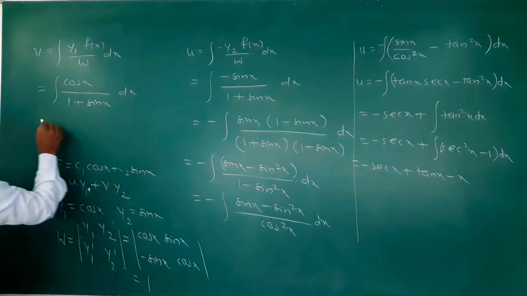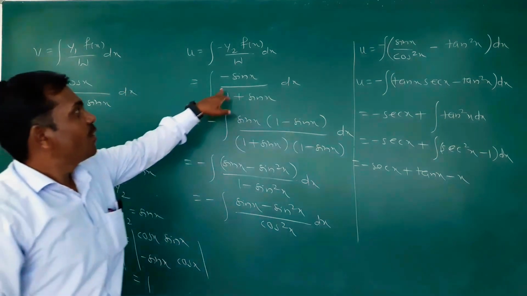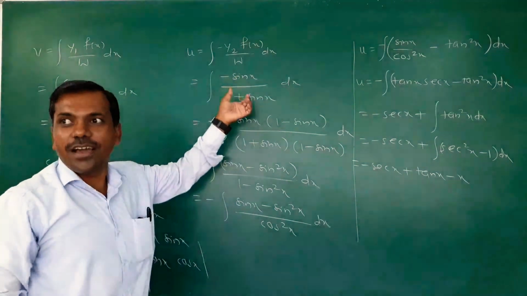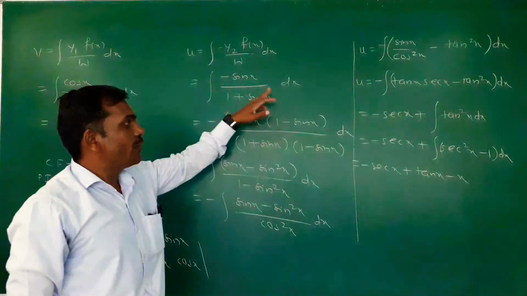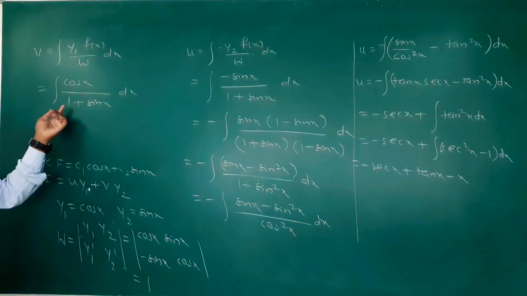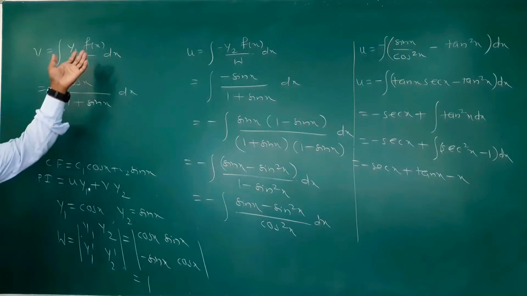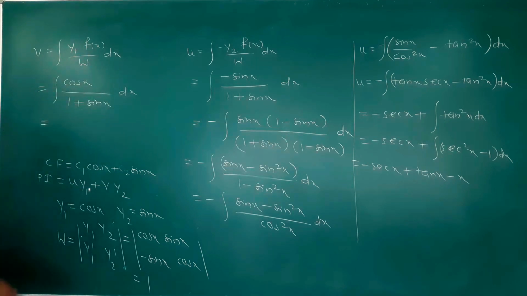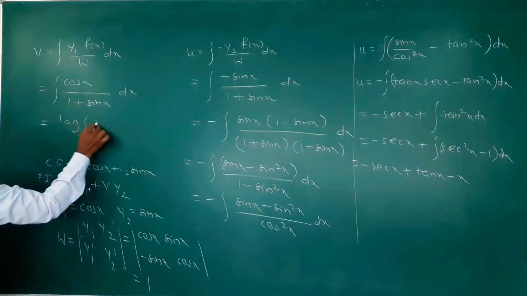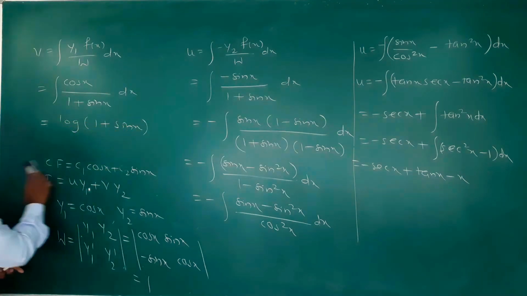Now here, don't do the rationalization. We did it in the first one because we didn't have any other idea, so it was the best way. Here no need, because we know the derivative of 1 is 0 and the derivative of sin x is cos x. So it is f dash upon f. It is log of 1 plus sin x. Correct?